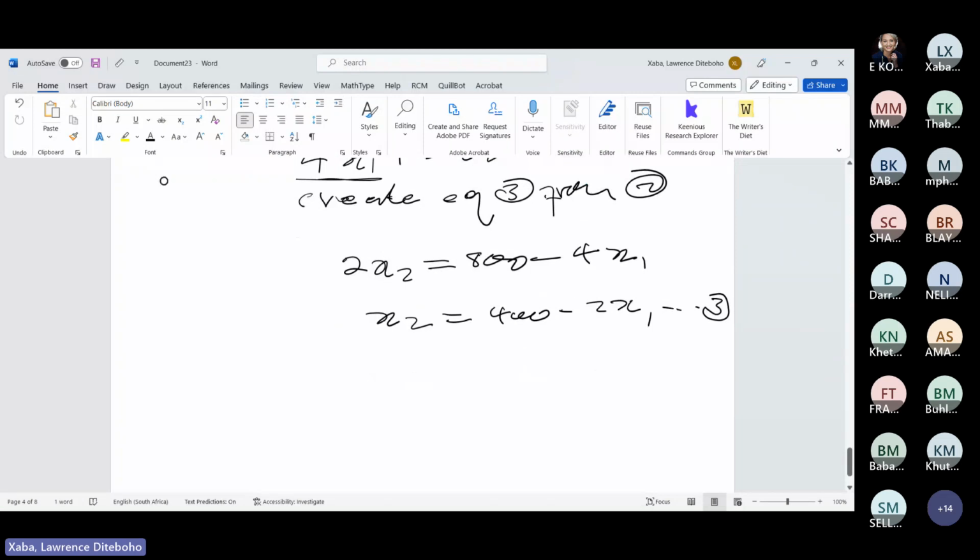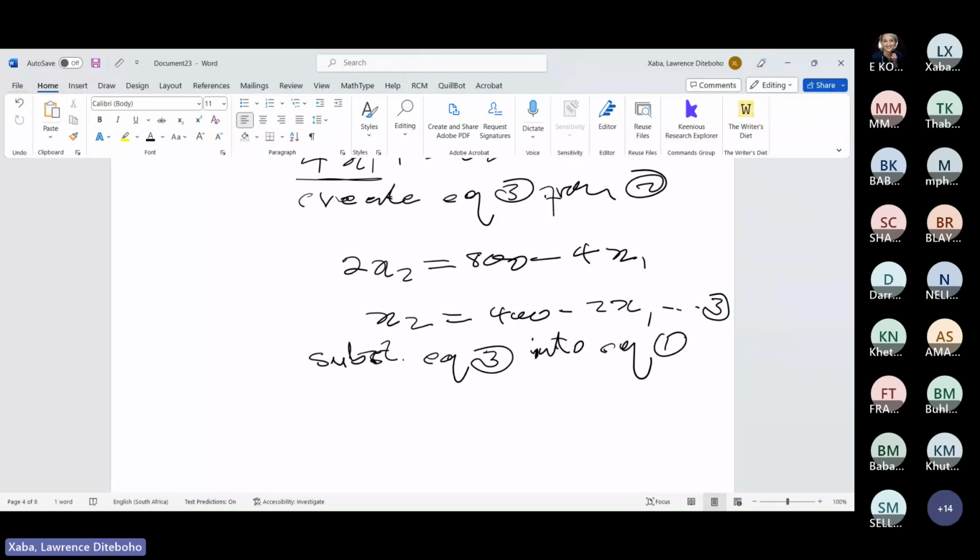So from equation 3 now, what we're going to do is substitute it. Remember, we created equation 3 from 2, so we are not going to repeat that. We substitute equation 3 into equation 1.